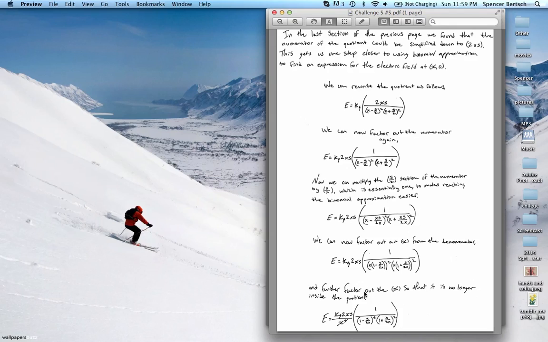And then multiplied by the quantity 1 over, and then this is similar to what we had earlier, 1 minus, except the x value is gone. It's just 1 minus s over 2x squared, and then 1 plus s over 2x squared.